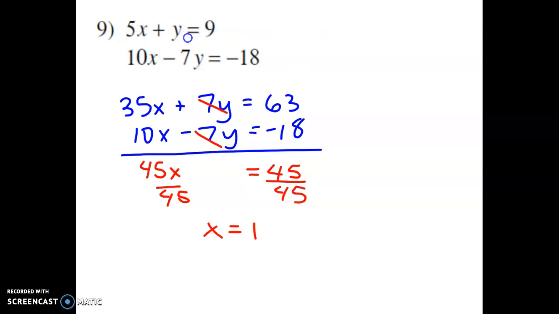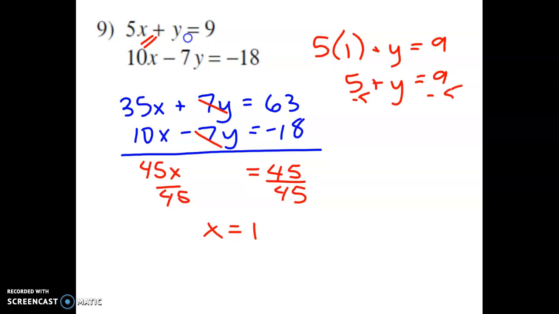But be careful, you guys, you have to put it into the right spot. It has to go into the x. So we get 5 times 1 plus y equals 9. So when I subtract the 5 over, we're going to get y equals 4. So your answer should be 1 and 4 for that question.